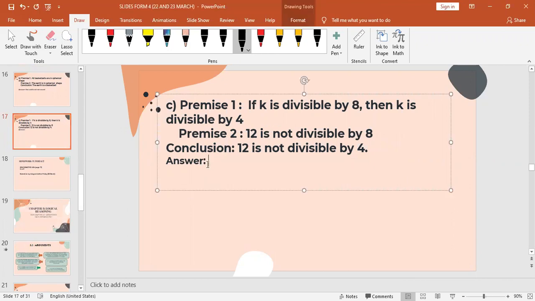Okay, so the answer, if K is divisible by 8, then K is divisible by 4. 12 is not divisible by 8, which is this one is P. For conclusion, this one is not P. Premise 2 is not P, but conclusion is not Q. This is invalid. Do you know why it is invalid?